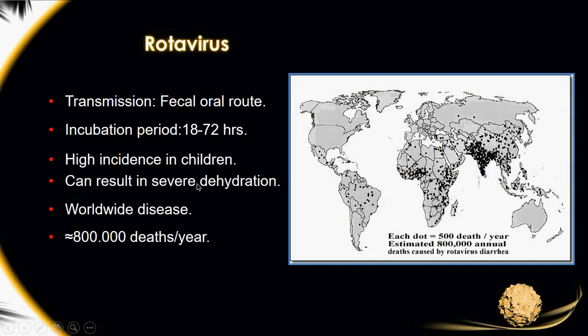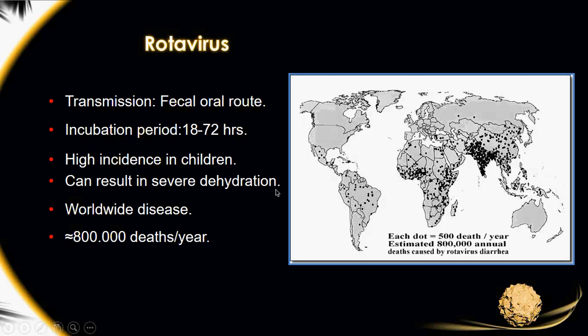The transmission is mainly fecal-oral. That's why it's very common in areas with poor sanitation and lack of clean water supply. That is why it's quite common in Africa and South Asia, notably India, and also Eastern Africa, like in Sudan.